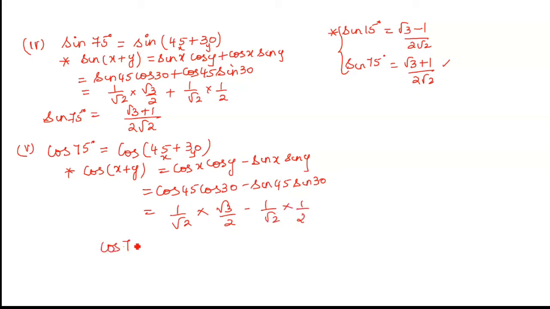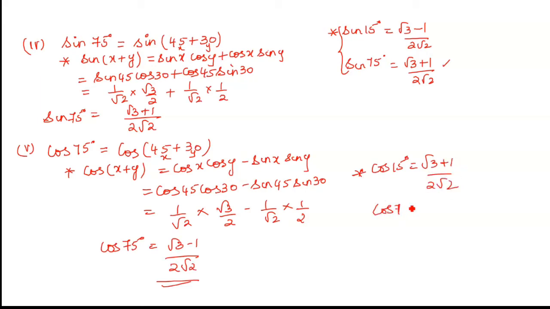You found cos 75 is equal to root 3 minus 1 by 2 root 2. The cos 15 you had got was root 3 plus 1 by 2 root 2, and cos 75 you got was root 3 minus 1 by 2 root 2. This is a complementary angle. 90 minus 75 you will get 15, sin 15. Sin 15 is root 3 minus 1 by 2 root 2. It satisfies.